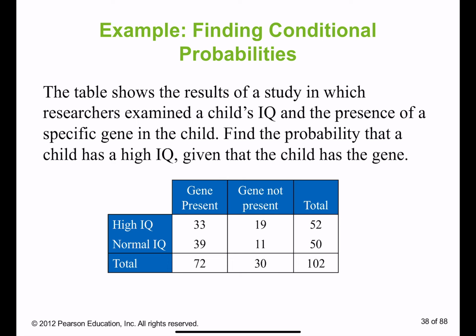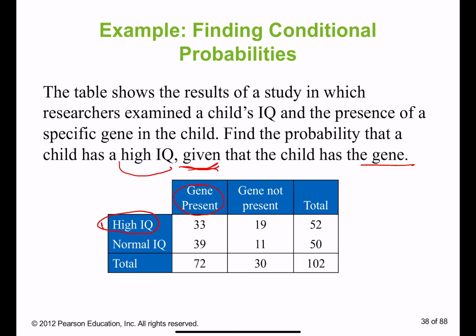Second one. The table shows the result of a study in which researchers examine a child's IQ and the presence of a specific gene in the child. Find the probability that the child has a high IQ, given that the child has the gene. When it says given, that means we are going to look for high IQ among those with the given gene.